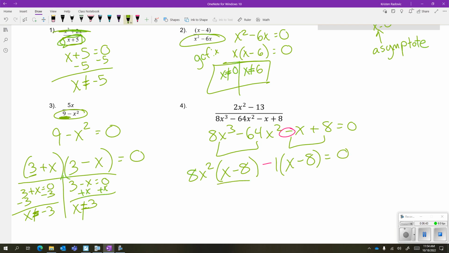And I know I'm doing this correctly because my parentheses match. If they don't match, then you need to start over. I'm going to take what's inside my parentheses, and then I'm going to take what's on the outside of my parentheses for my other bubble. My outsides are 8x squared and minus 1.